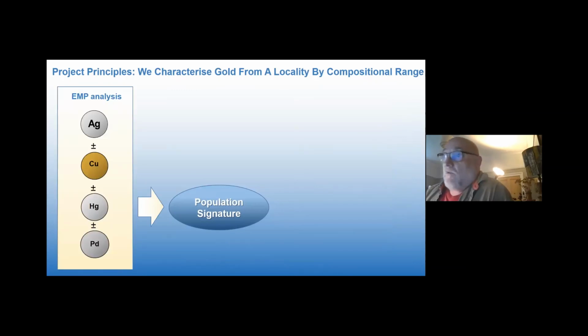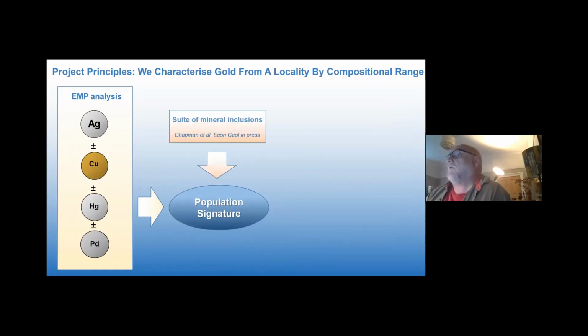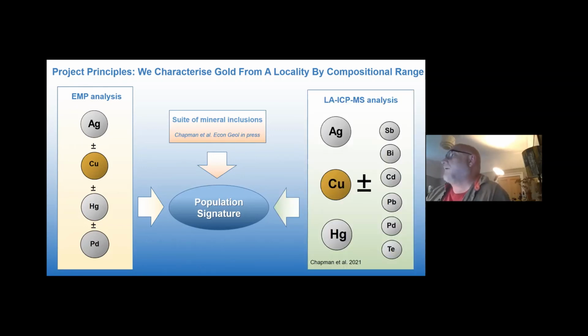So what can we do? We can use the EMP analysis to get that raft of elements on the left-hand side, should they all be detectable. We can do the suite of mineral inclusions, quick plug for a paper in press there. And we can also turn to laser ablation because that has an advantage of lower detection limits.